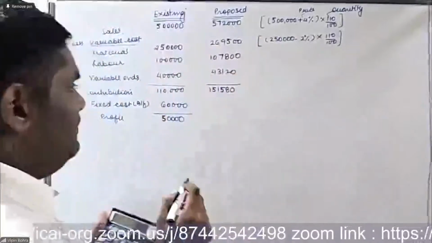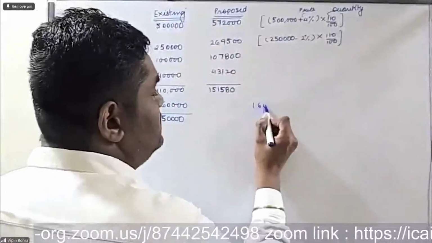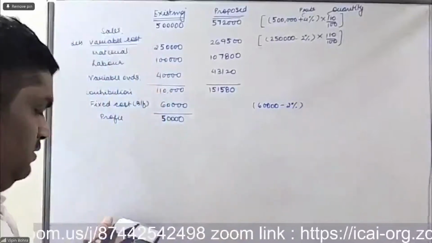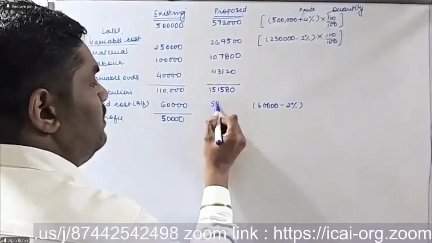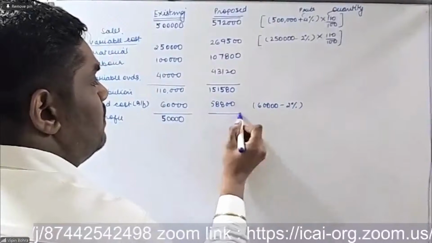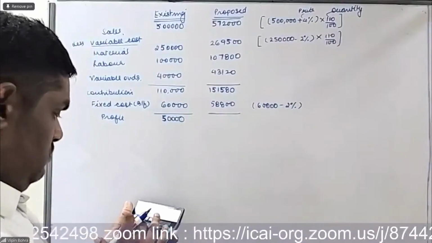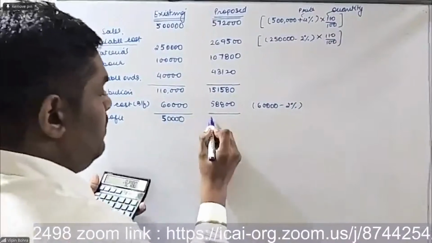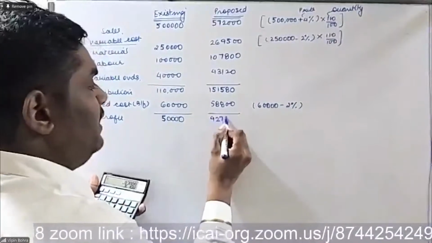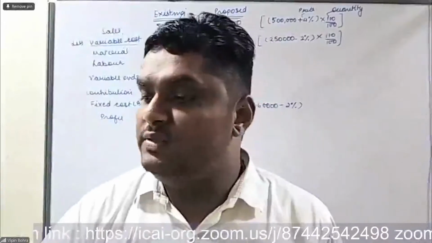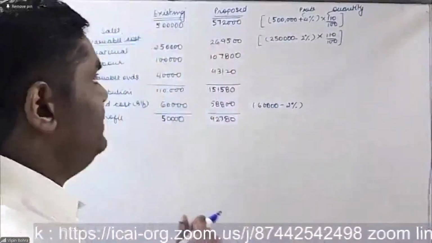So my revised fixed cost will be 60,000 minus 2%, that is 58,800. So my overall profit will be 92,780. After the proposed changes, my revised profit will be 92,780.